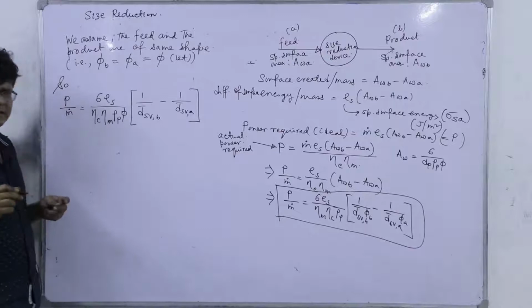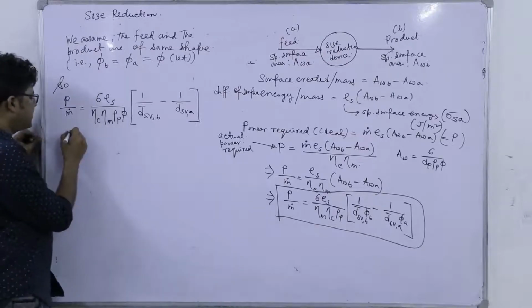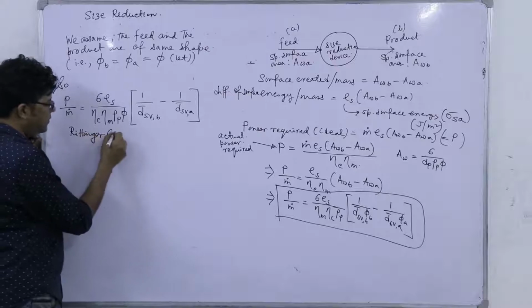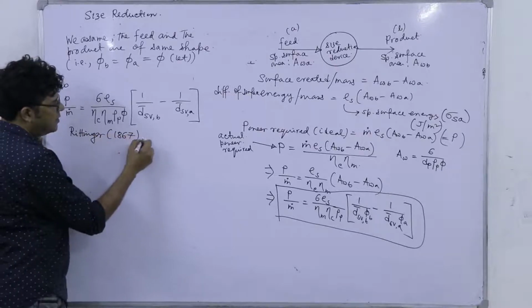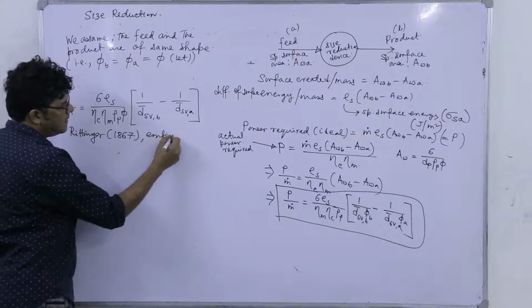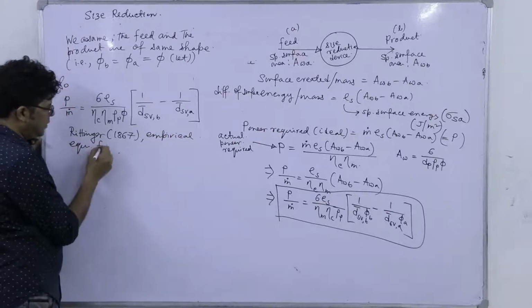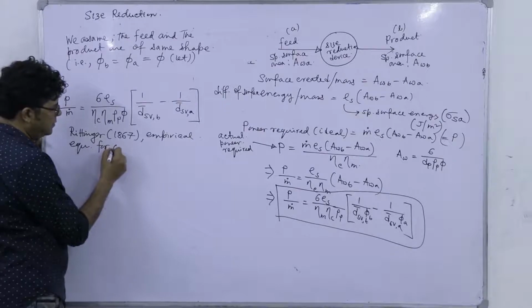In 1867, probably, right, Rittinger proposed the empirical equation for size reduction.